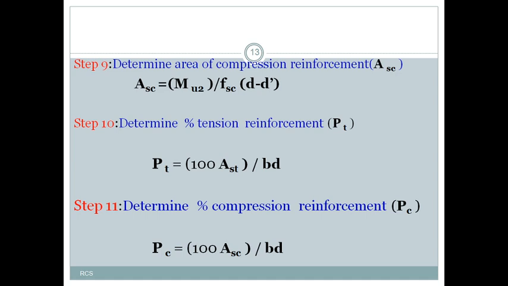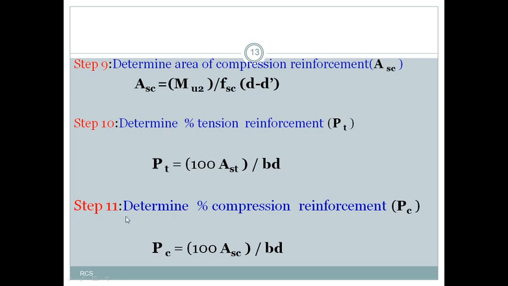Next we go for some checks, whether the provided area of steel and dimensions are safe against deflection, or safe within the limits of code provisions. Step number 10, we determine the percentage of tensile reinforcement, called pt. pt equals 100 Ast by b d. Here 100 is for percentage, Ast is the total area of tensile reinforcement, b is the width of the beam, and d is the effective depth.